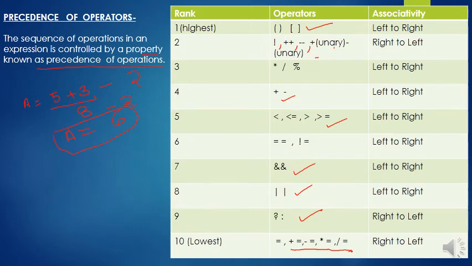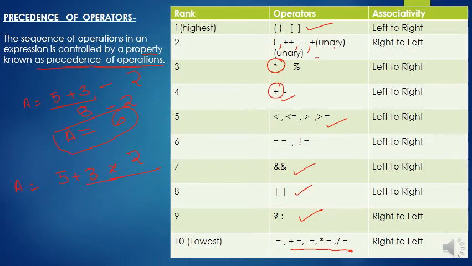Next is A is equal to 5 plus 3 multiplied by 2. So children, here you see the precedence of multiplication is higher than the addition. So first it will multiply the values.